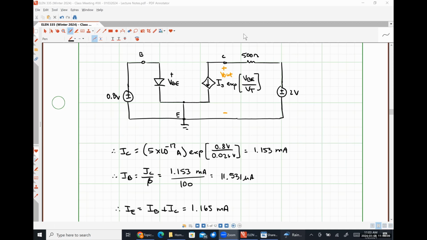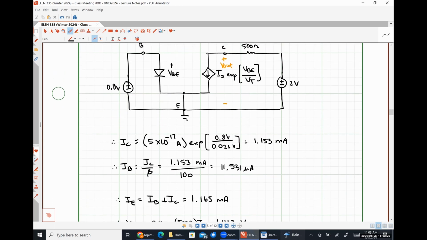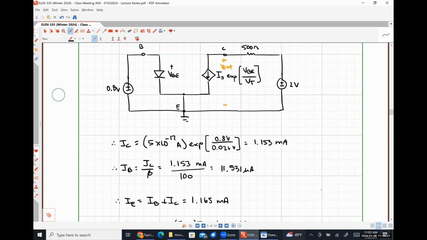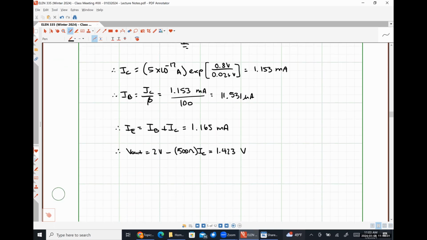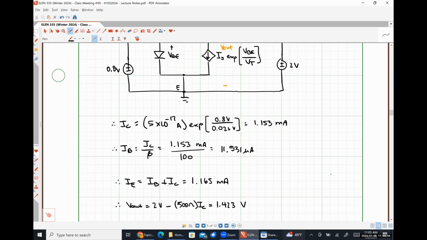Did that explain things? Okay. We're gonna, if we get around to it, talk about the small signal model for the BJT today, which is why I felt it was necessary to make that distinction. But before we do that, we had last talked about this particular problem where we solved for the output voltage of this system, which we found to be 1.423 volts.